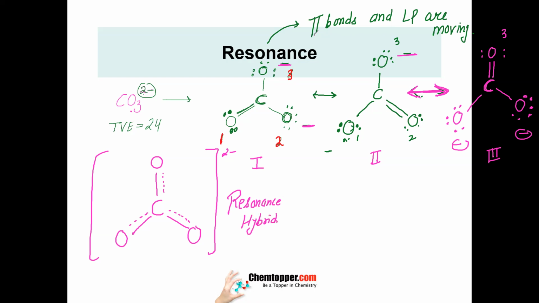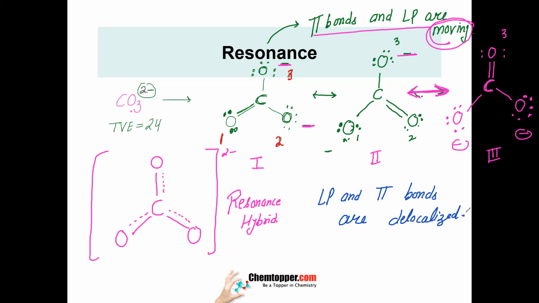I used the words pi bonds and lone pairs are moving. I'm replacing this with a much better word in chemistry, that the lone pairs and pi bonds are delocalized.